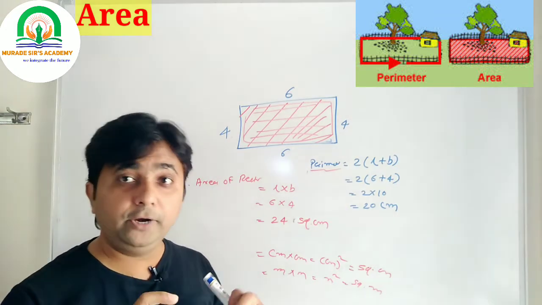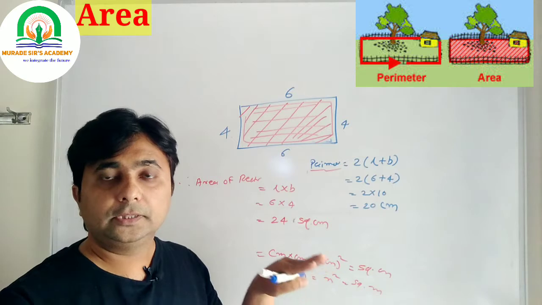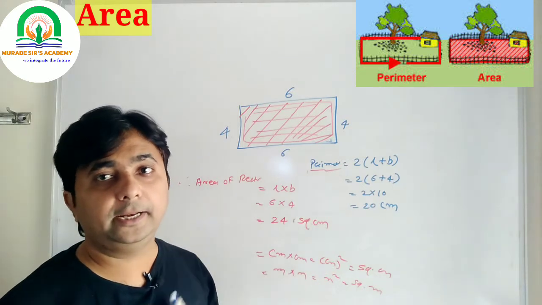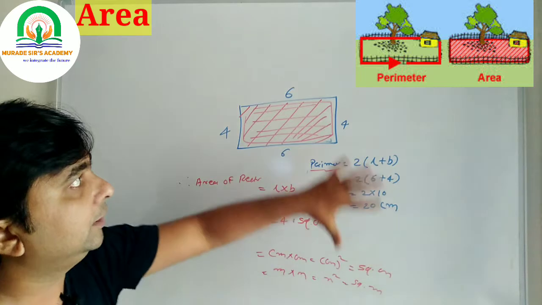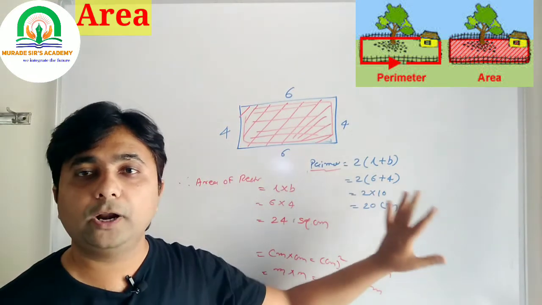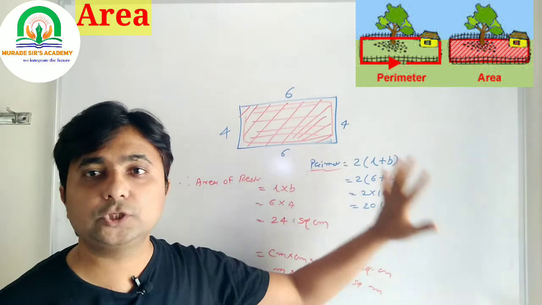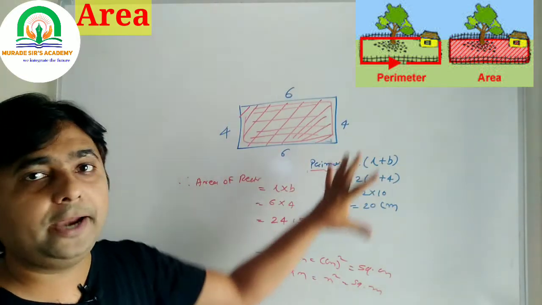If we need to cover all the space, then we need to calculate area. If I cover this whiteboard with a cloth, how much cloth do I need?